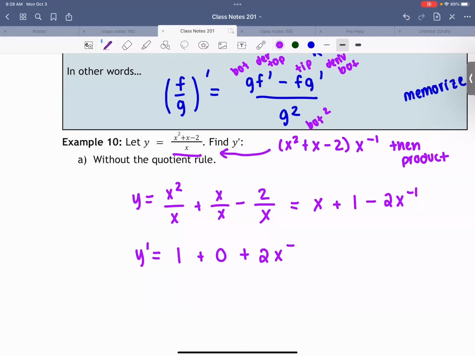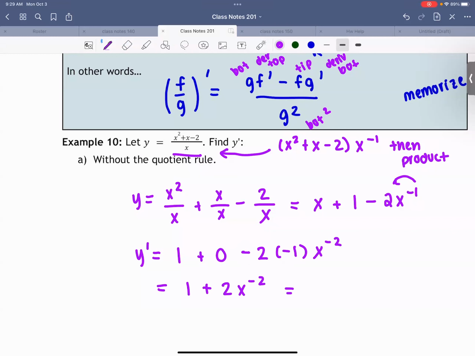Good. If you want to see this a little bit slower, you took the negative 2, brought the negative 1 over, so it's negative 1, and subtracted 1 from negative 1 to get negative 2, using the power rule. So this becomes 1 plus 2x to the negative 2.